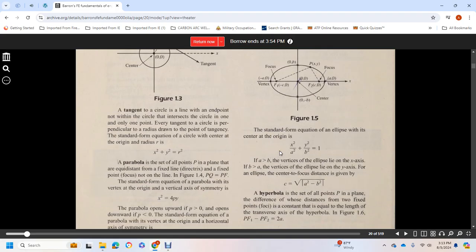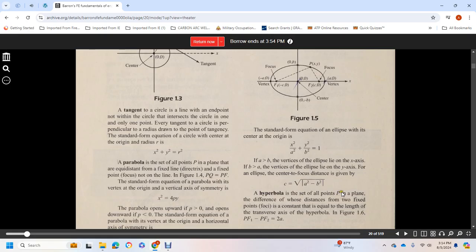The standard form equation of an ellipse with its center at the origin is x squared over a squared plus y squared over b squared is equal to 1. If a is greater than b, the vertices of the ellipse lie on the x-axis. If b is greater than a, the vertices lie on the y-axis. For this ellipse, the center-to-focus distance is given as c equals the square root of the absolute value of a squared minus b squared.